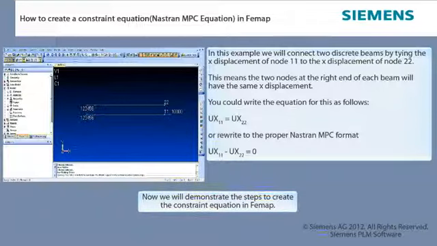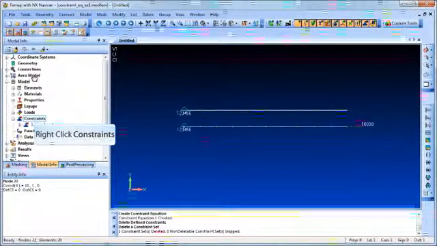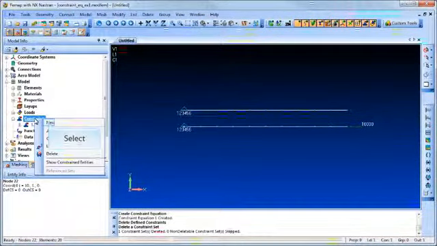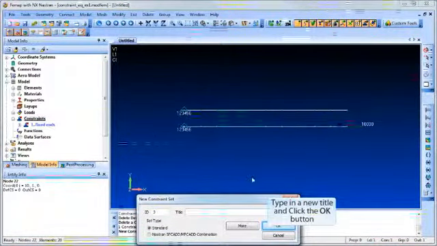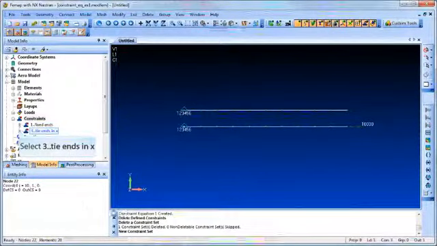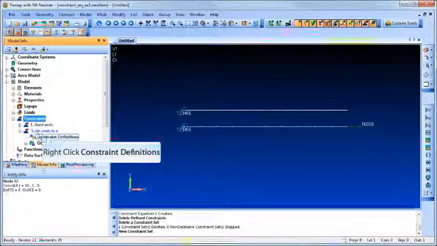Now we will demonstrate the steps to create the constraint equation. Create a new constraint set for the equations. Now create the actual constraint equations.